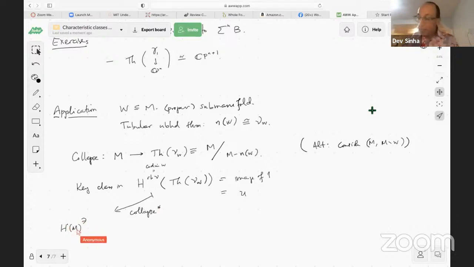And I claim, and this should be clear enough in a moment, that it is the same class as the Thom cohomology class of W. So W has no boundary.